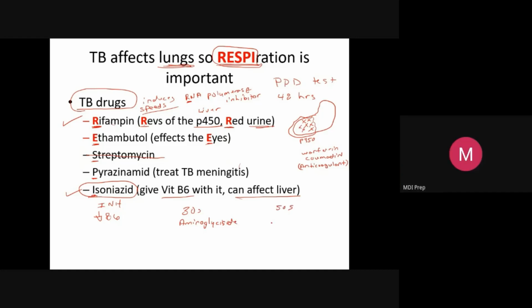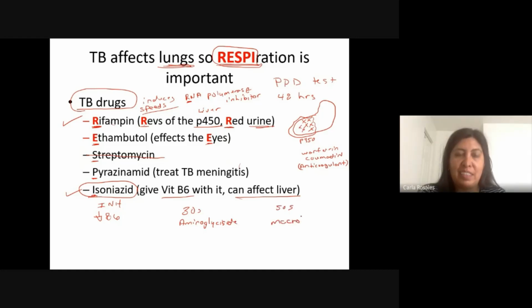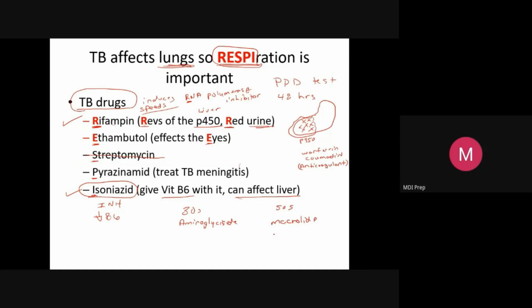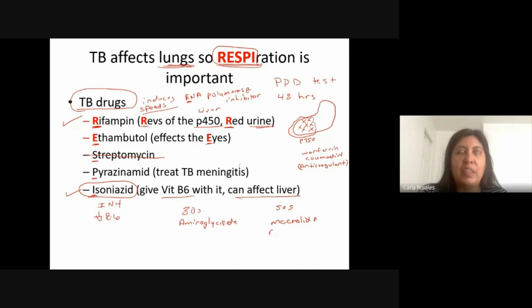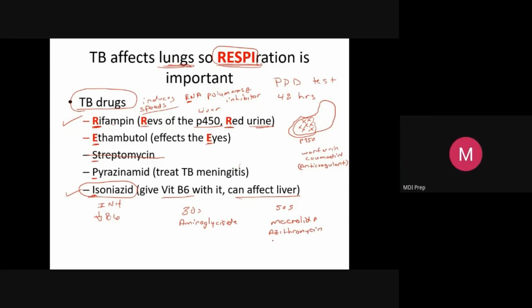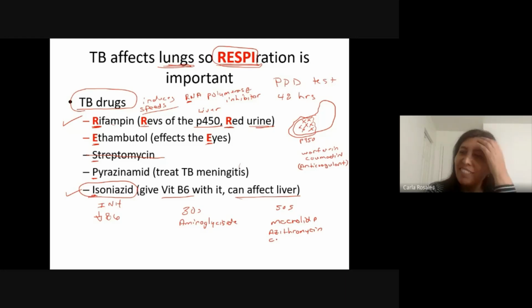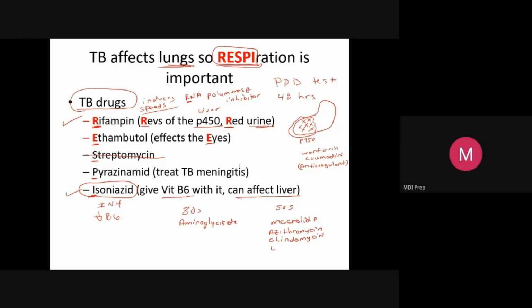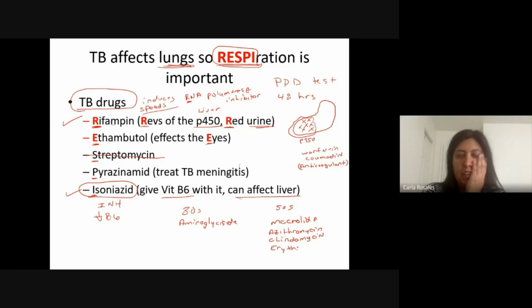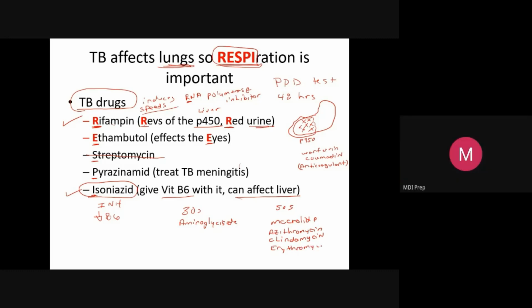And what are your 3 macrolides? Azithromycin, erythromycin, and clindamycin.